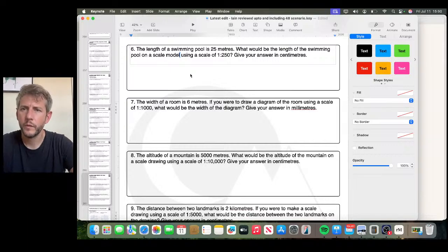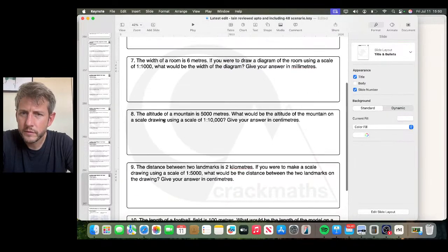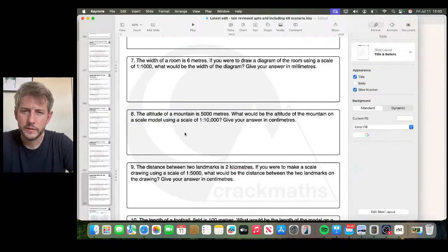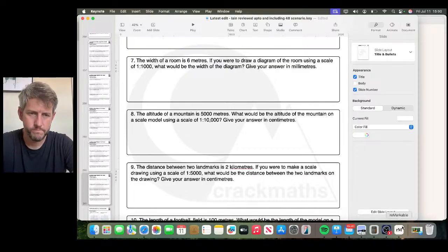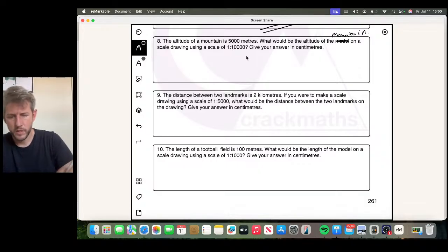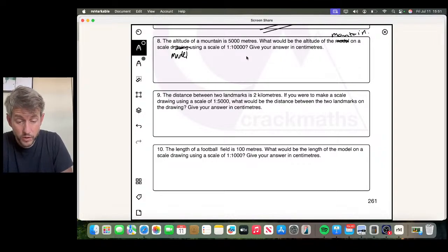The altitude of a mountain is 5,000 meters. What would be the altitude of the mountain on a scale model using a scale of 1 to 10,000?